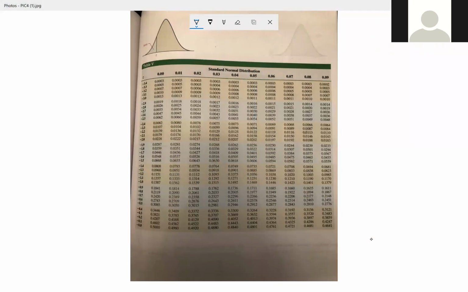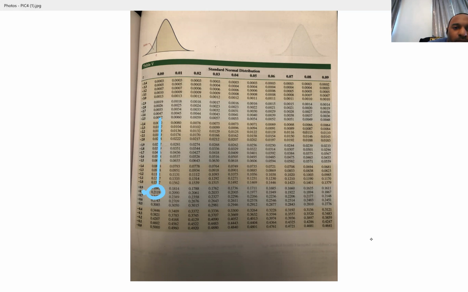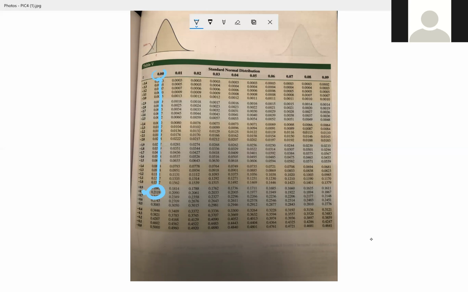All right, so this one right here is the closest one. So I got 0.200, and what is yours? Mine was 2.12, and that corresponds to negative 0.80. Mine corresponds with the 0.2, so mine is 0.59.